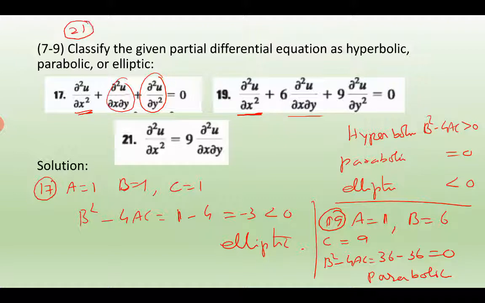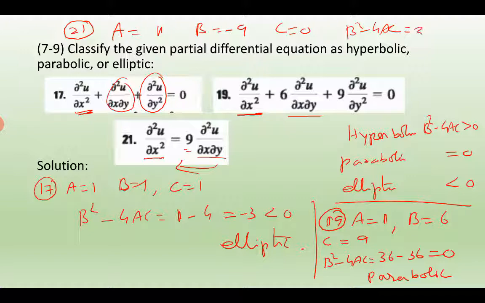Parabolic. Case 3. Let's start with 21. What is this? u xx, u xy, only two terms. a is equal to 1, but when you take this term to the left side, b value is negative 9, not positive, isn't it? So c is 0.